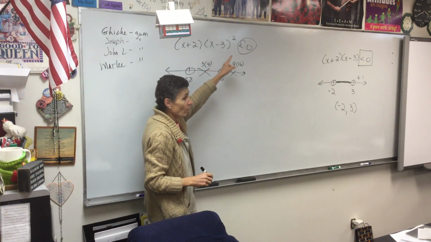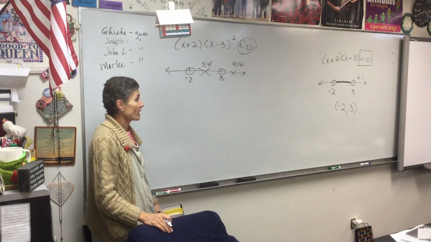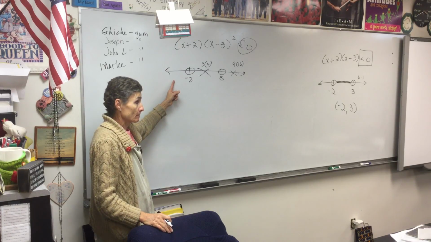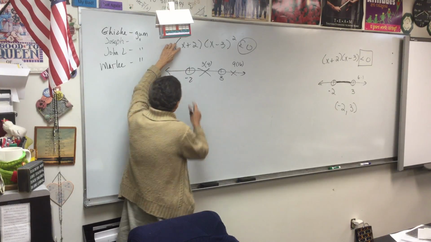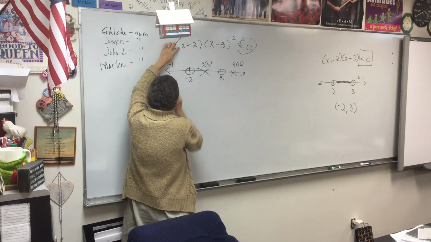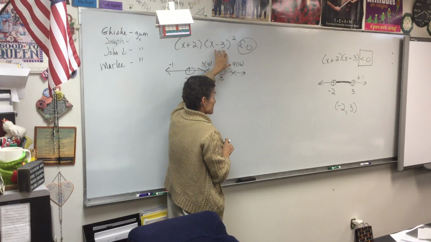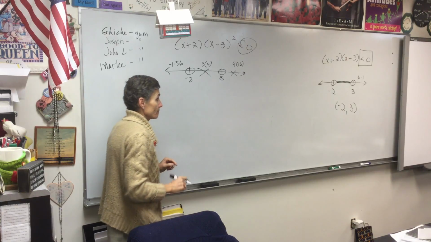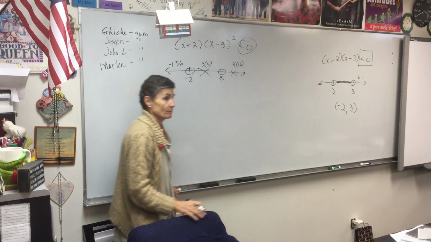Remember, if you have a squared factor, weird things happen. You can't alternate, you have to check. So I gotta check this. What's the number out here? -3. -3. So if I put -3 in, I get -1 times -6 squared, which is 36. Does that give me a negative answer?